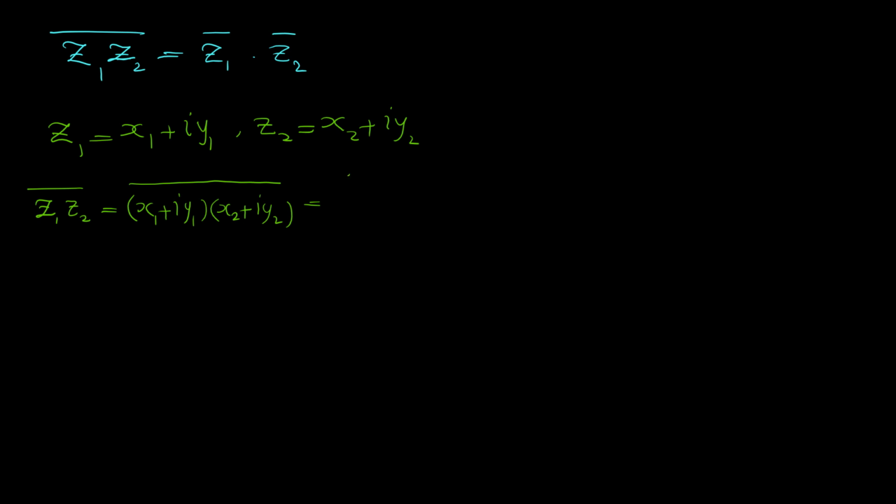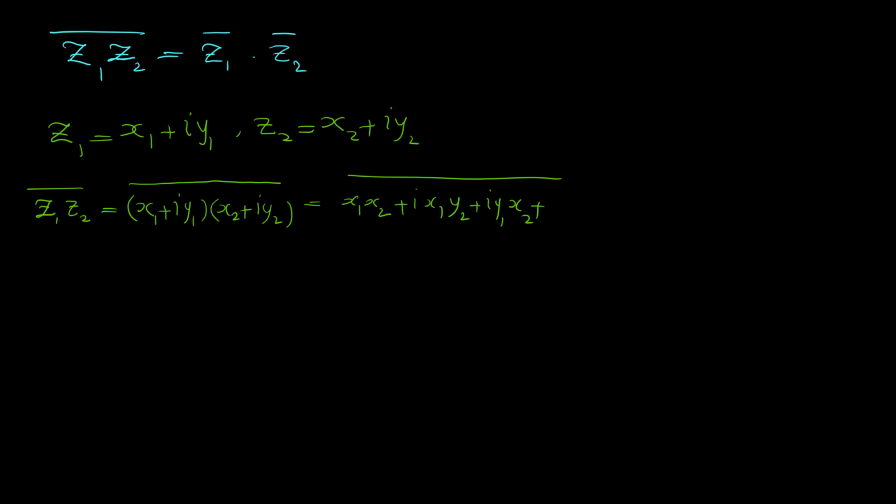We have to multiply these two complex numbers by each other. It equals x1 x2, then x1 times i y2 would be i x1 y2, and also we have i y1 x2, and we have i y1 times i y2 would be i squared y1 y2, and i squared is negative 1, so we have negative 1 times y1 y2.